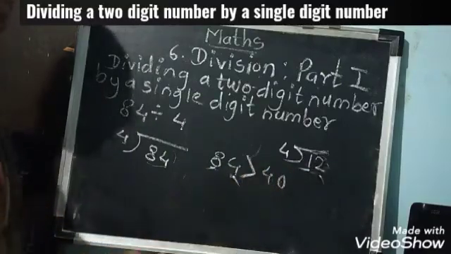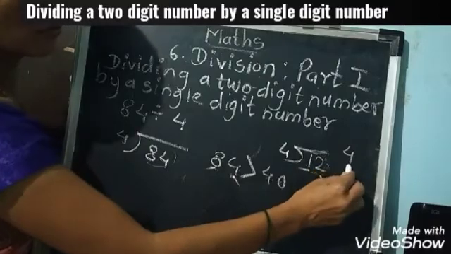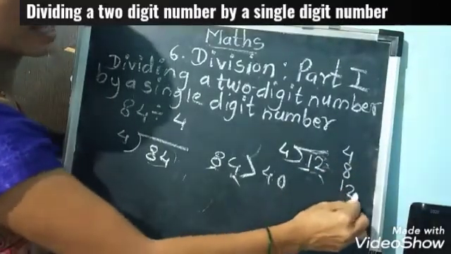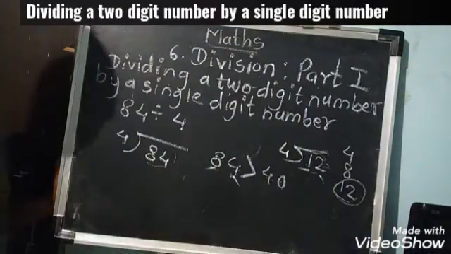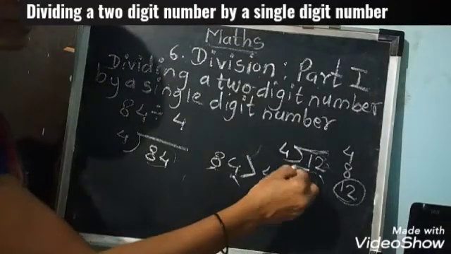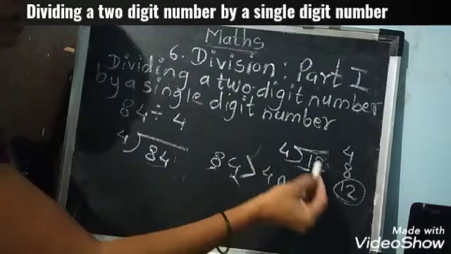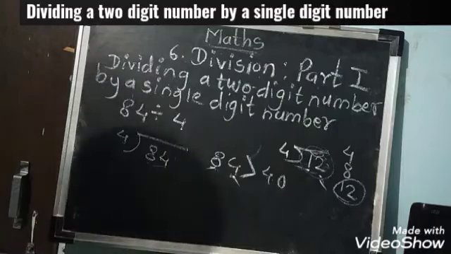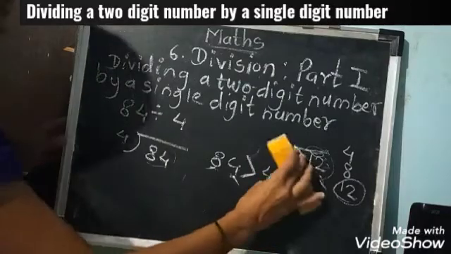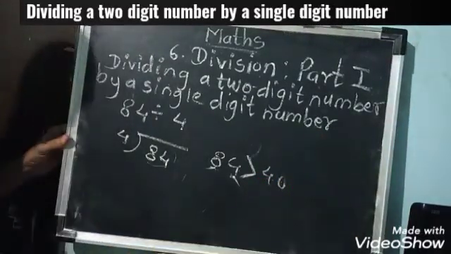Because 12 is smaller than 40. Then 4 ones are 4, 4 twos are 8, 4 threes are 12. We have it in the table of 4. So why divide it separately? No need, because like pani puri we can eat it. Okay. Did you understand this?